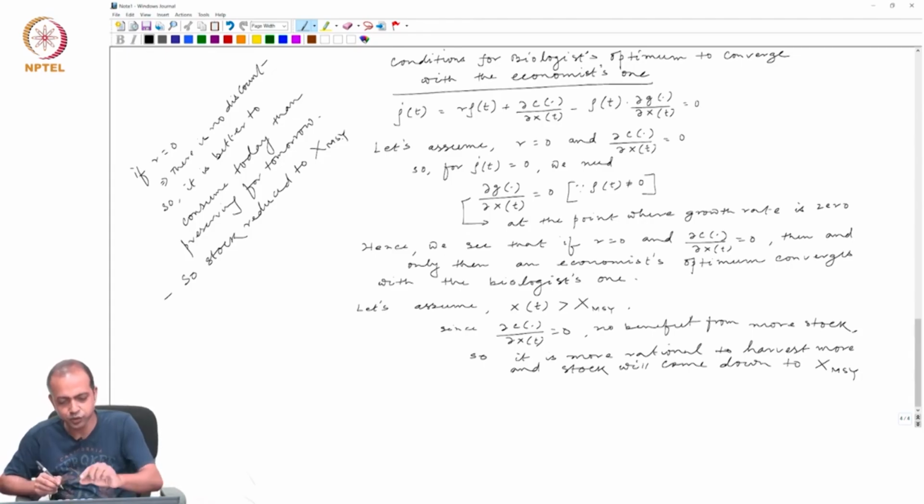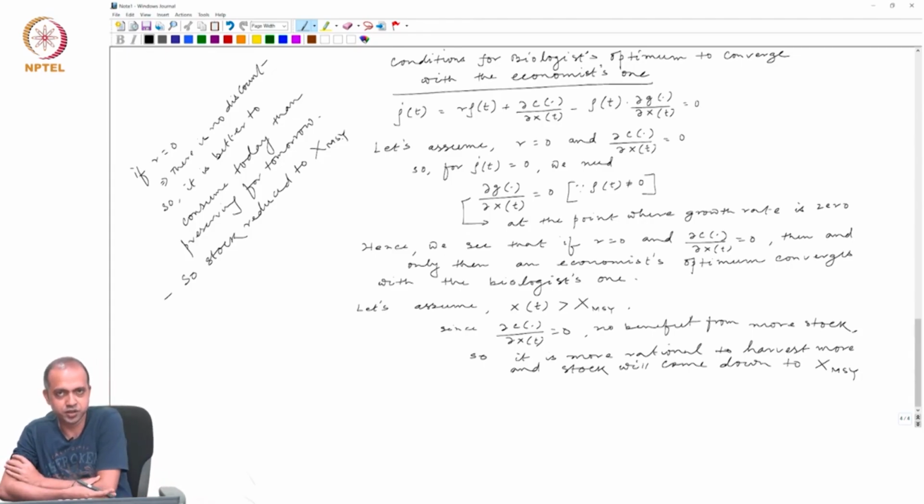But these conditions, if you see, are both highly restrictive. It is difficult to assume that there is no stock effect on cost of extraction. Similarly, it is difficult to assume that there is no discount.